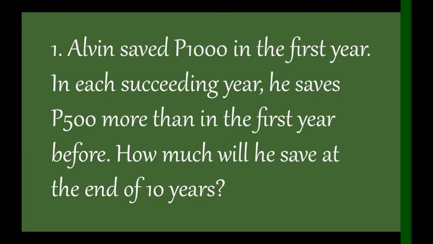Alright, so let's have the first problem. Alvin saved 1,000 in the first year. In each succeeding year, he saves 500 more than in the year before. How much will he save at the end of 10 years? So let's make a representation first for this problem.